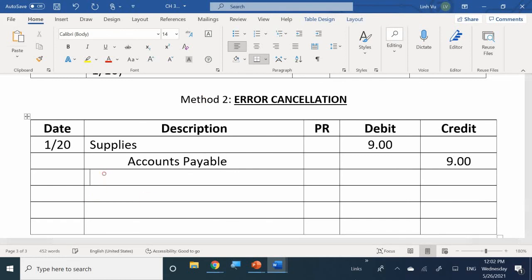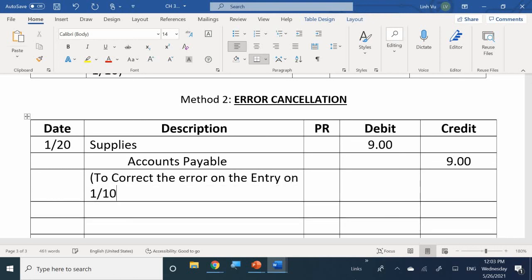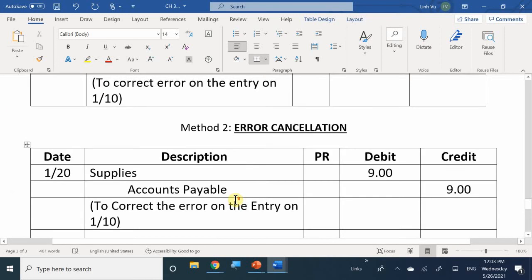And once again, you could also make a note to correct the error on the entry on January 10th.